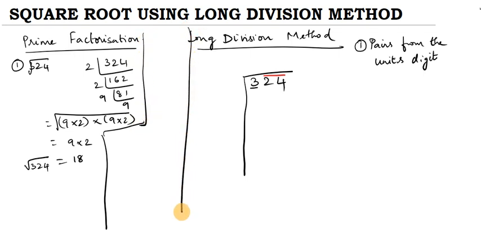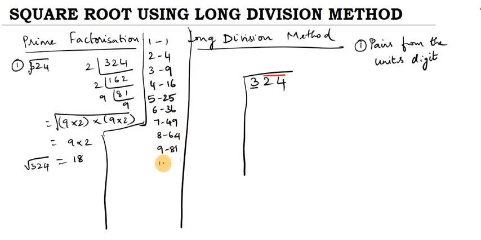For 1 it is going to be 1, for 2 it is going to be 4, 3 is 9, 4 4s are 16, 5 5s are 25, 6 6s are 36, 7 7s are 49, 8 8s are 64, 9 9s are 81 and 10 10s are 100. It's enough if you know only the squares up till this number.